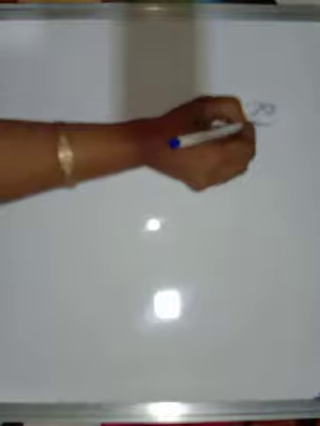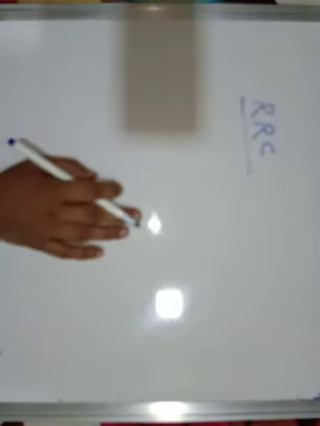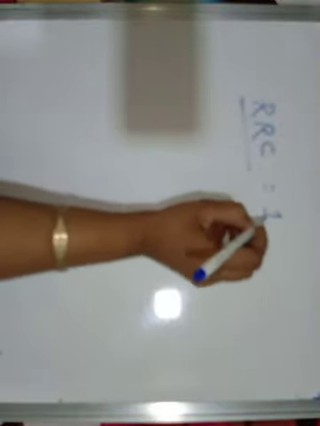Okay, then second, as we have rotated the contents of the accumulator to the left, now we will see one instruction which rotates the contents of the accumulator to the right, and the instruction is RRC. RRC stands for rotate accumulator right. Again it is a single byte instruction.